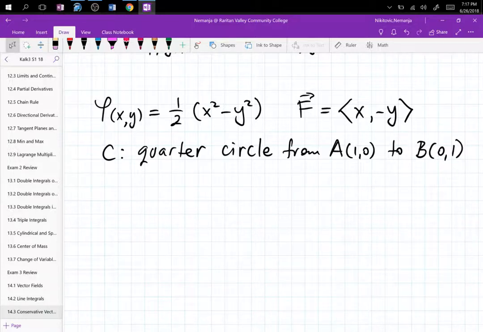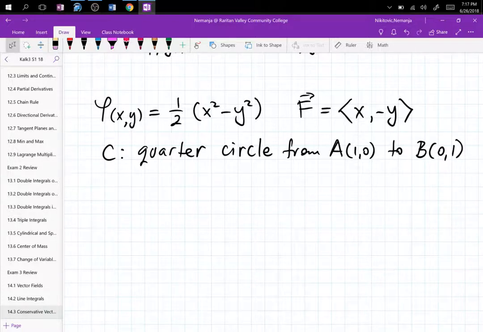Then you would use your t, which is 0 to pi over 2, because it's only a quarter circle. Then you dot the vector field, cosine t, comma, negative sine t, with the r prime. So it's a process. It takes time to figure out what this is if you are using the line integral for the vector field.